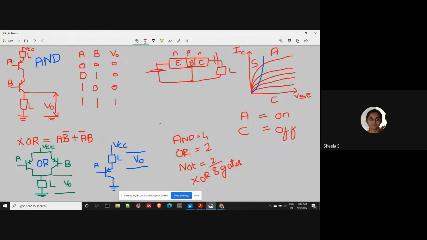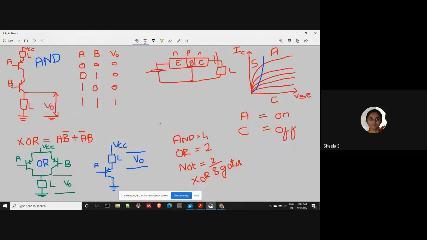So now if both the transistors are turned off, there is no flow of current from VCC to ground. So as a result, when both A and B are 0, the output is 0. If either A is turned on or only B is turned on, again there is no continuous path for the flow of current. So we will be getting the output as 0.